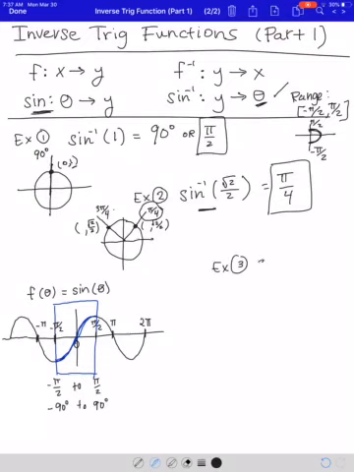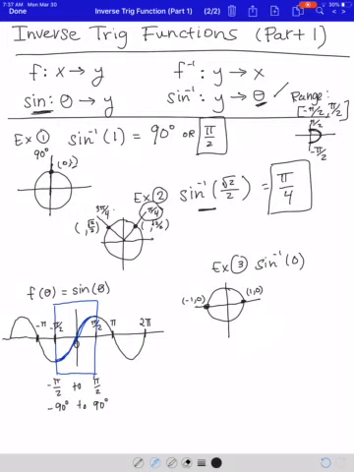How about sine inverse of 0? Okay, so we're looking for the angle where sine is equal to 0, so our y-coordinate should be 0. On our unit circle, notice we actually have 2 points where we get a y-coordinate of 0. Over here on the right, this is (1, 0). Over here on the left, we get (negative 1, 0).